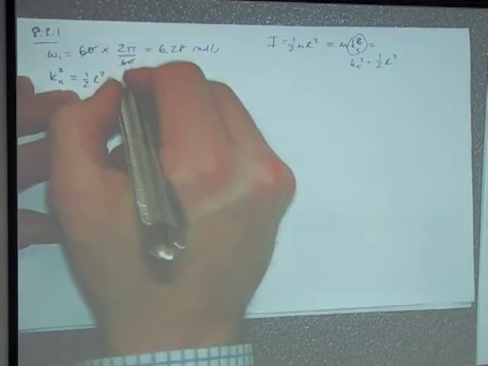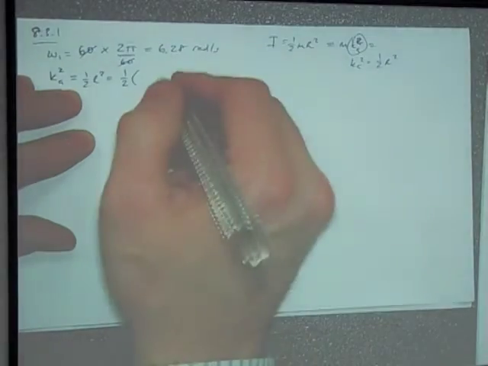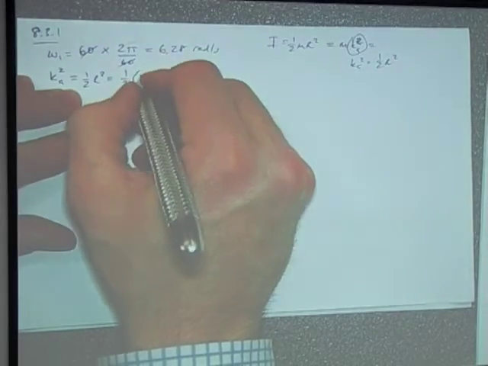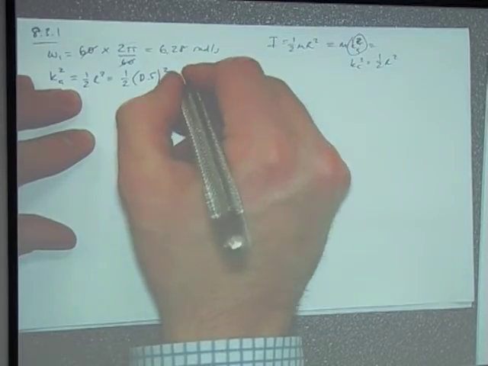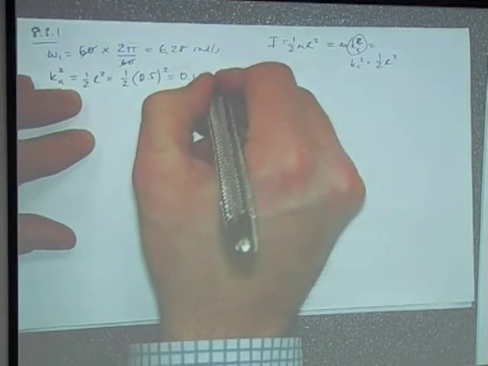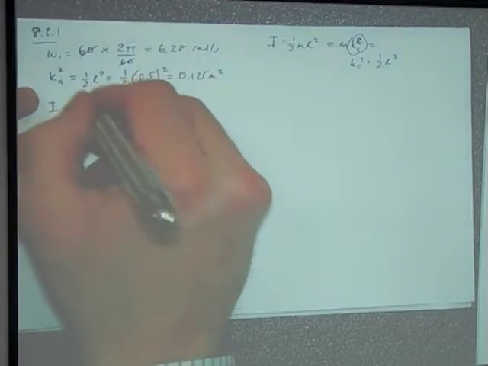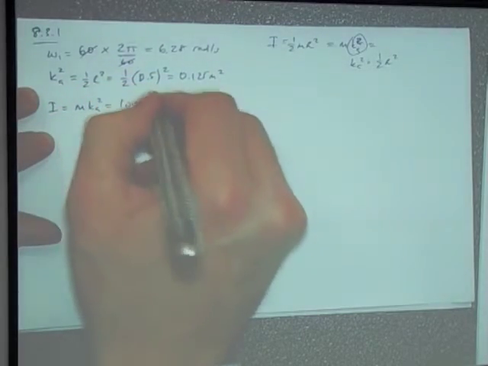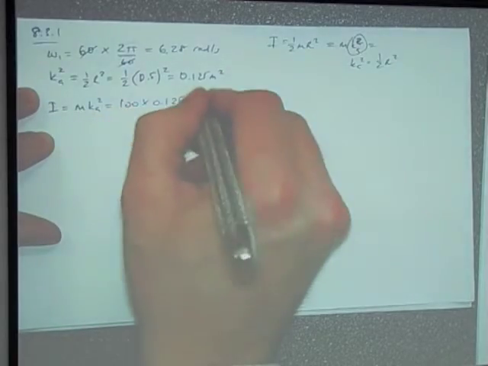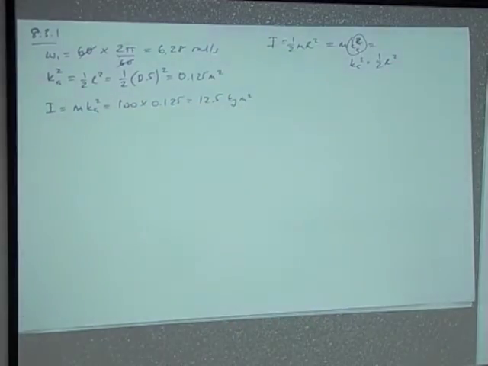That's going to be 1/2 times, we've got a diameter of 1, so a radius of 0.5, and that equals 0.125 meters squared. So I equals m kg squared, so that's 100 times 0.125, which equals 12.5 kilograms meters squared. So there's our value for moment of inertia.